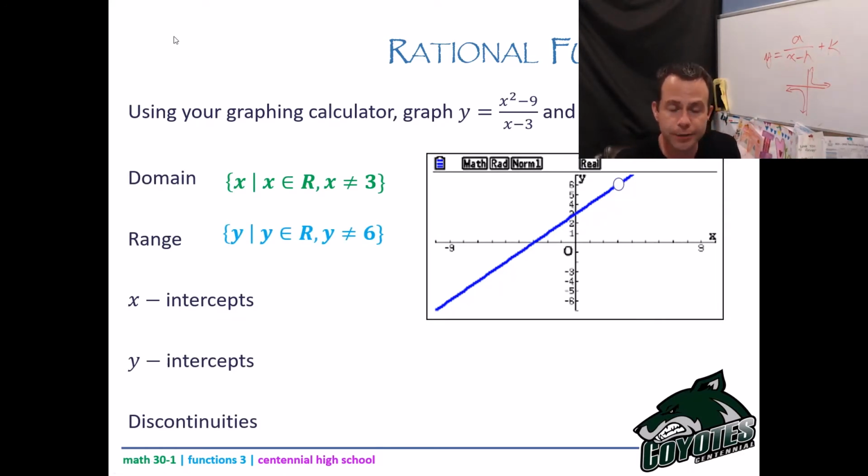Now, for x-intercepts, we've got -3, 0. And again, remember the conversation we had in that last example? We said, hey, it's that numerator that tells us where the x-intercept is, right? Well, that numerator had, in the factored form, x plus 3 and x minus 3, right? And the x minus 3 was shared on the bottom, and so that told us the point of discontinuity.